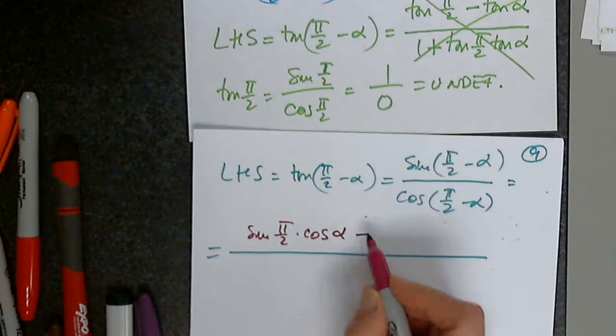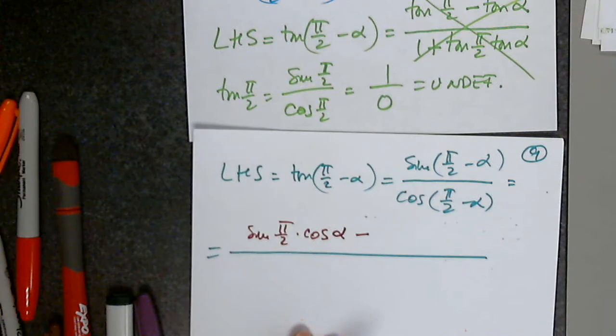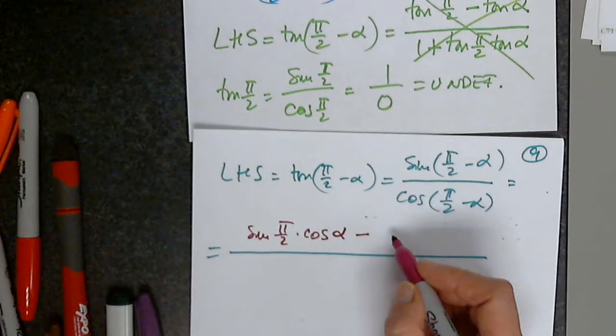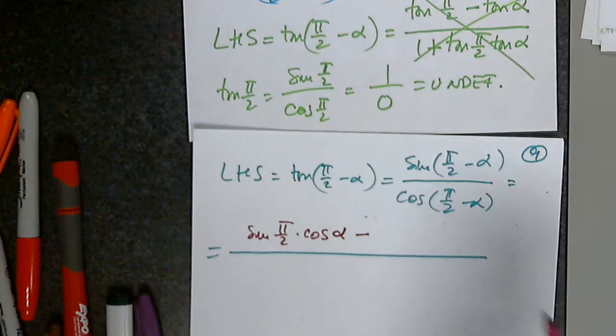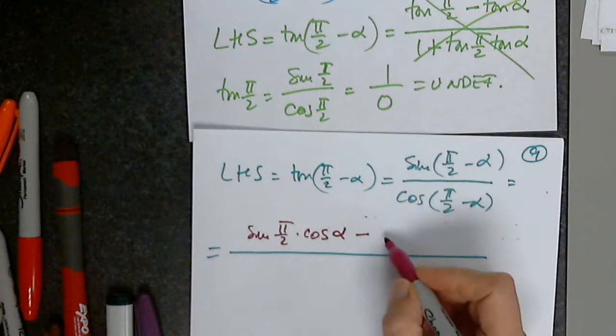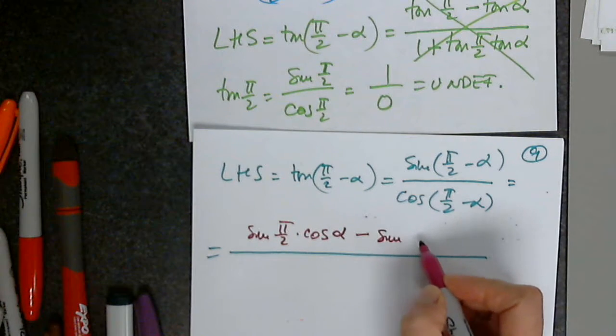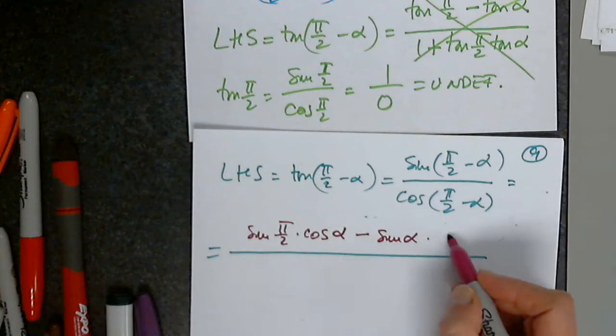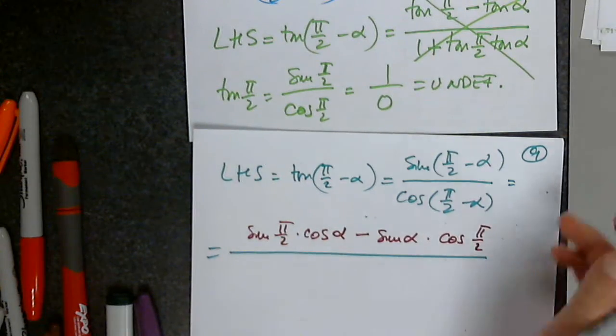Alpha minus sine alpha times cosine pi over 2, correct?